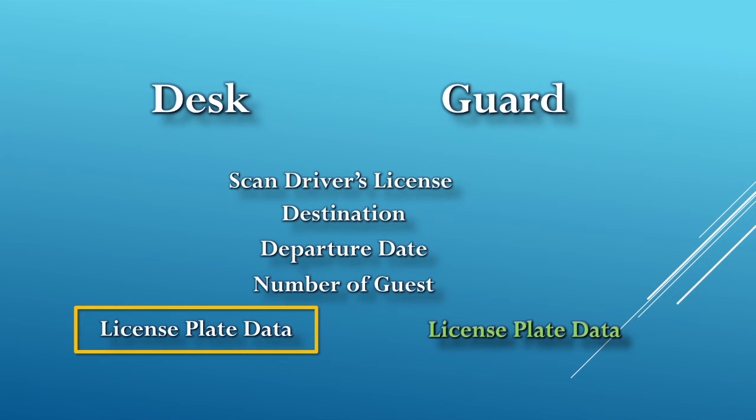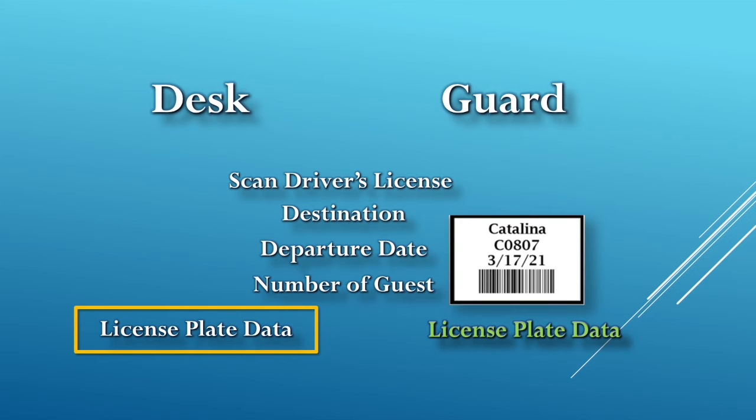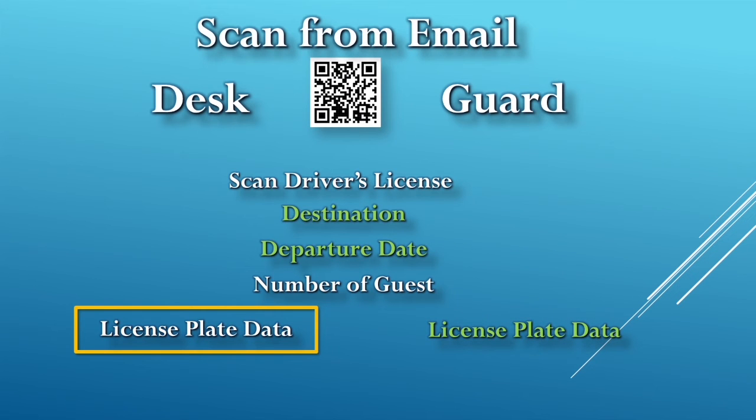But you really don't have to, because the way the system's designed is when you print them a pass at the desk, when they reach the guardhouse, they simply show that pass to the guard. He zaps it with his barcode zapper, and it enters the license plate data. So it adds that information to the current record.